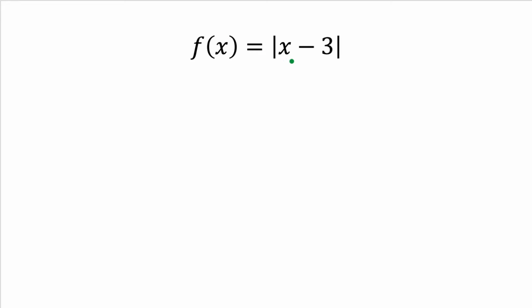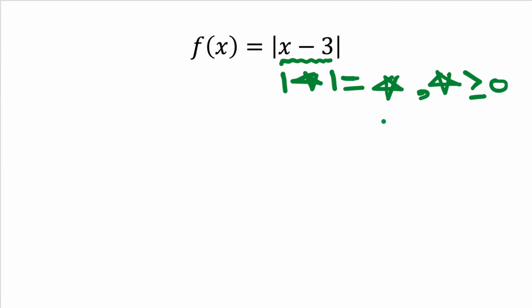What if we have an expression going on inside of the absolute value sign? Well, in that case, we're going to consider whatever is inside the sign as star. So we're looking at this as the absolute value of star. And remember, the star can be star if star is a positive value, and star will be negative star if star is less than 0, which is a negative value.